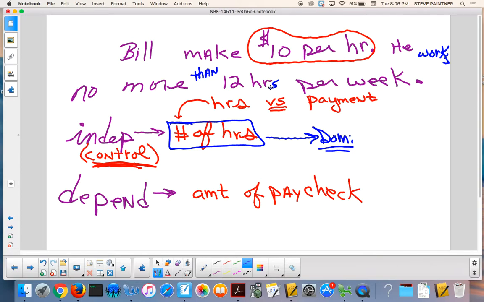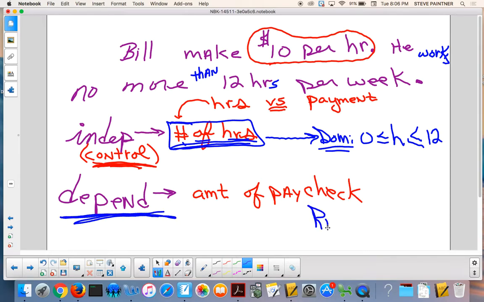So anyways, number of hours, that's the independent variable. He works no more than 12, so it would be hours. Hours would be less than or equal to 12, but greater than or equal to 0. So there's the domain. And the dependent variable, that's your range. So the range is going to be, well, you've got to look at the domain, and the domain says he works 0 to 12.